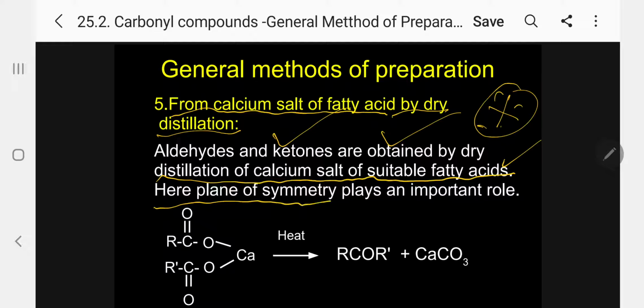Here, plane of symmetry plays an important role. Let me explain. You understand, my dear students, it will not be given in any book. This is for your information I am giving. As per our syllabus, there are 6 compounds. Kindly follow.